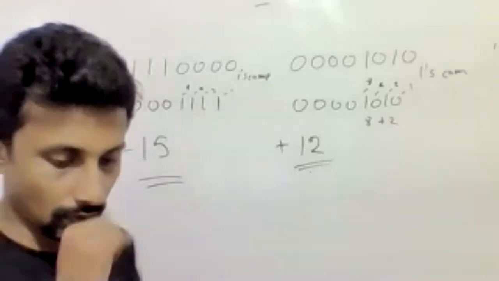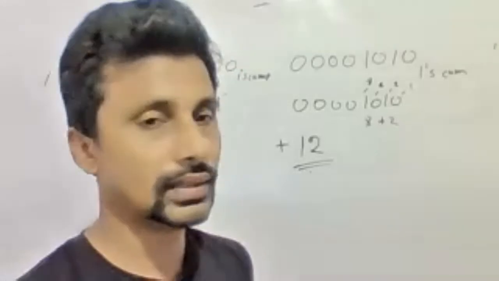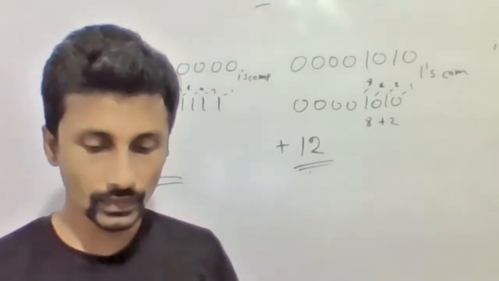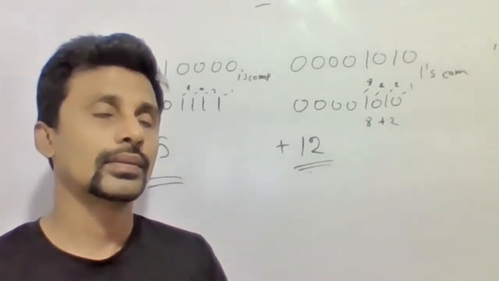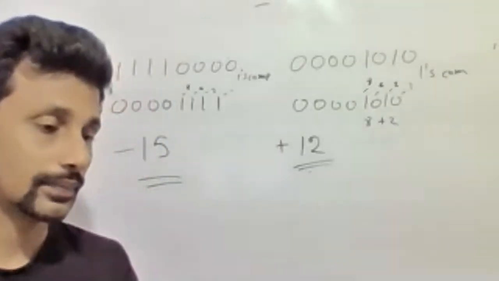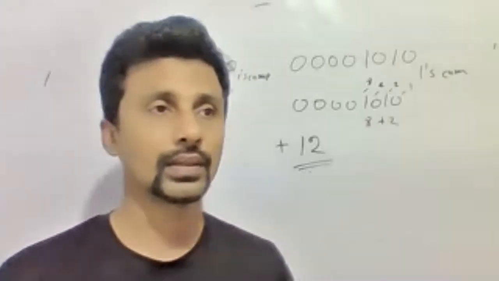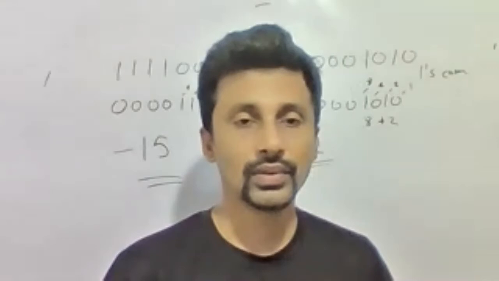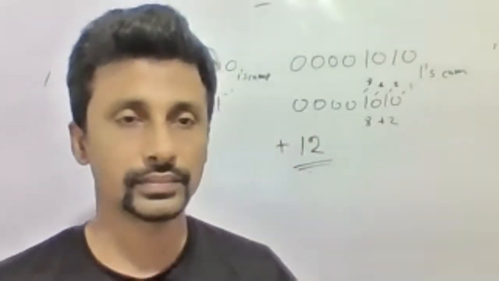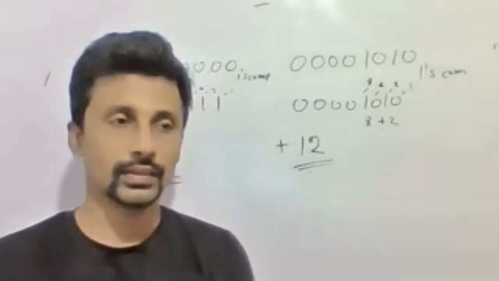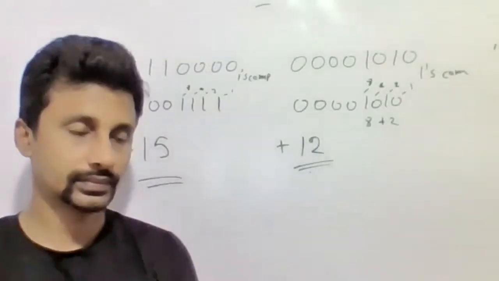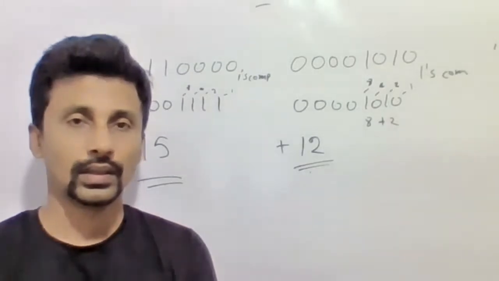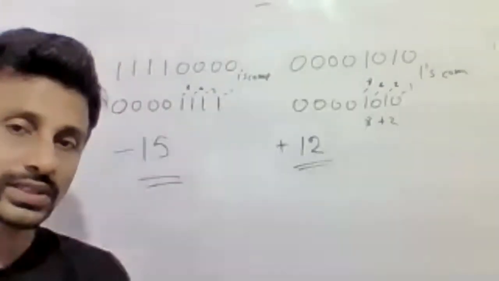Write down like this first. Under the topic converting one's complement to decimal, write down: When you get a one's complement number, check the most significant bit.